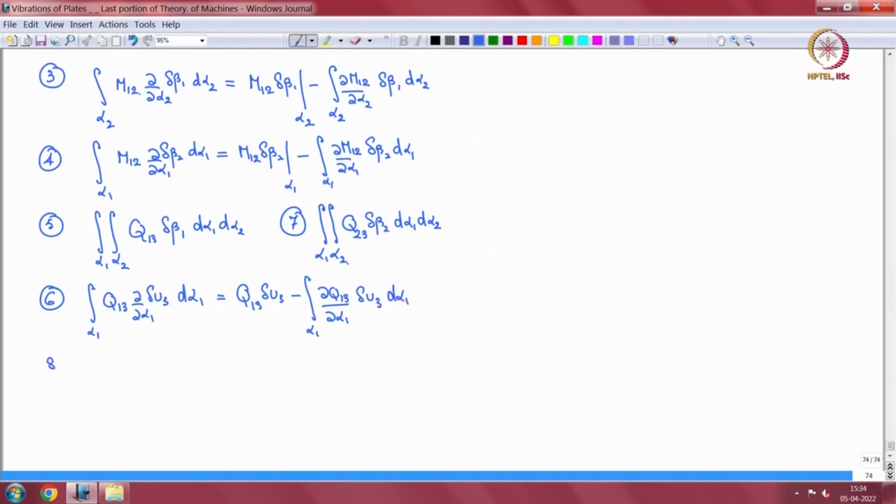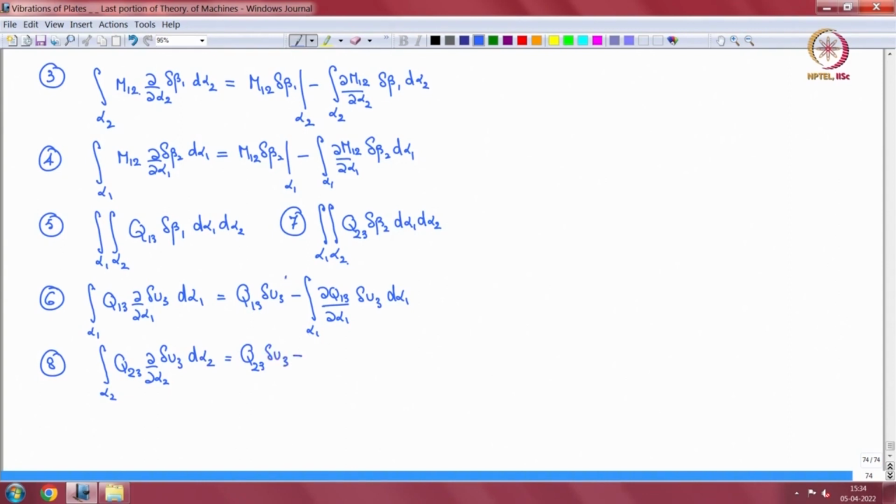And then the 8th term, the integral alpha 2 of q23 del alpha 2 delta u3 d alpha 2, is equal to q23 delta u3.